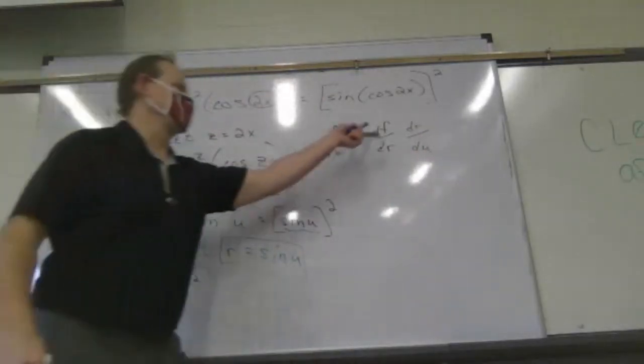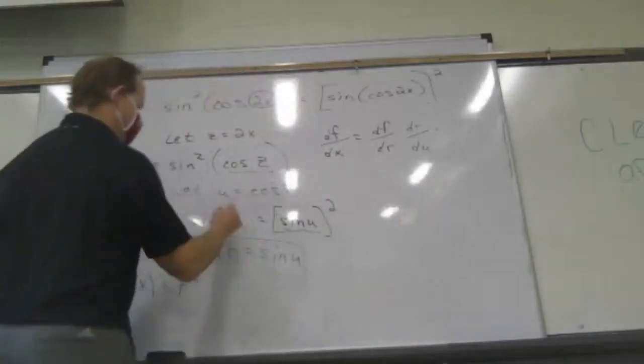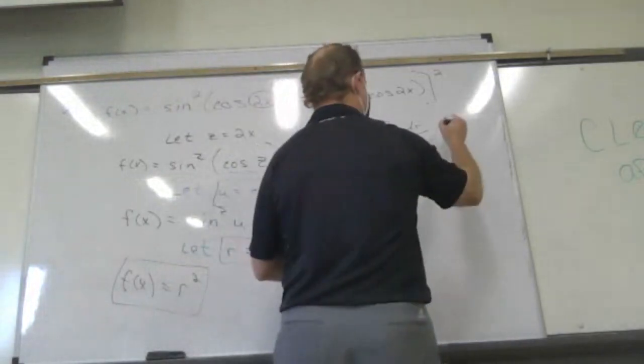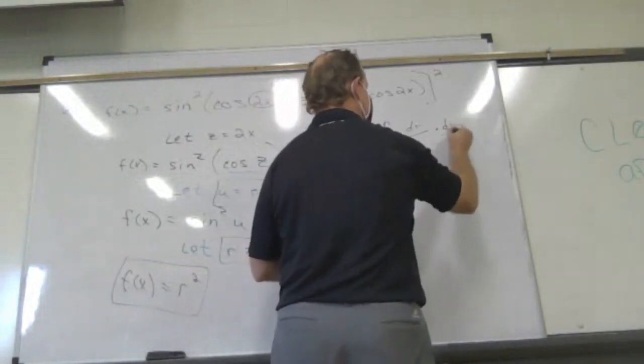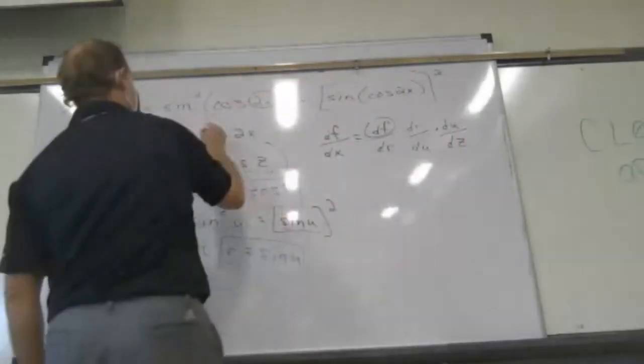And so what's this really like? This is really like df du, isn't it? And then what's u in terms of? Cosine is in terms of z, right? It's some function of z. So I can take it times du dz. Everybody agree? Now I'm still not at the end. I need an x at the end. And then what's z in terms of?